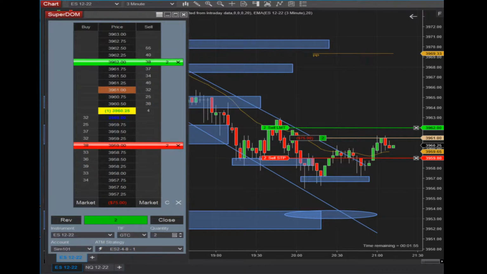I hate being in these longer trades. Typically, these things should just move, but it's just so flat tonight, and this is not good whenever you're trying to trade like this.